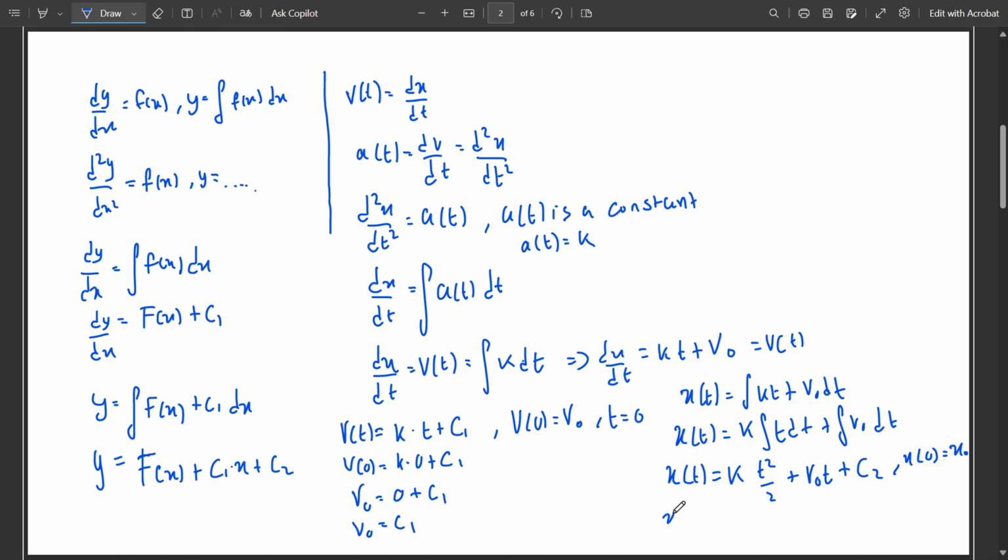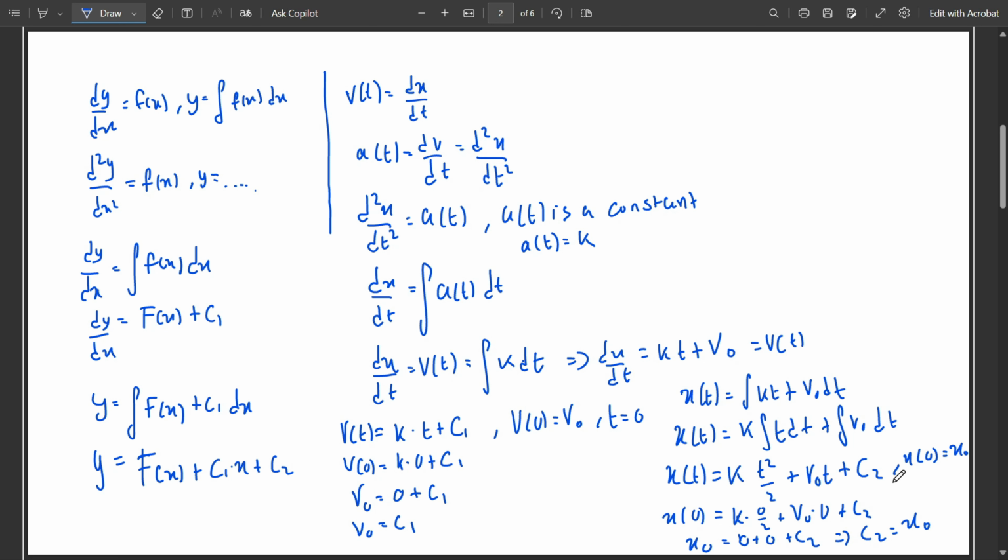That means x of 0 equals k times 0 over 2 plus v initial times 0, plus c2. So x of 0 is just x initial, so x initial equals 0 plus c2. Then c2 equals our x initial.